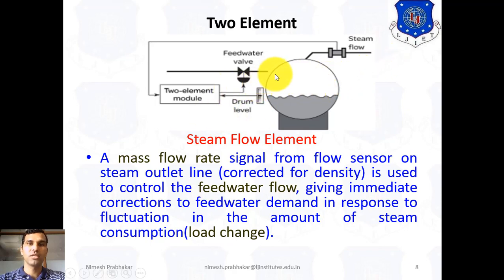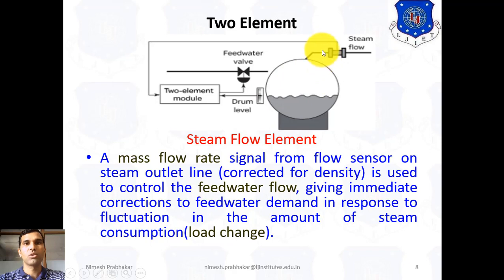That means we discussed the swelling and shrinking effect. If we require more steam, then at that time the steam flow rate is increased. Due to this increase or decrease in the steam flow rate, there is a chance of the swelling and shrinking effect in the boiler, and due to that the water level inside the drum also changes.